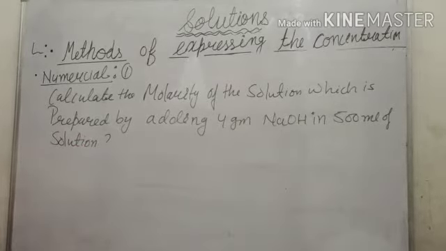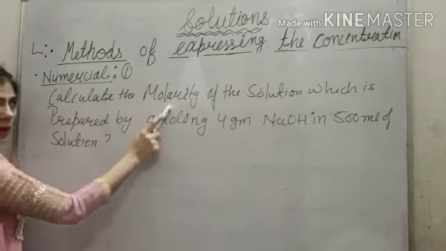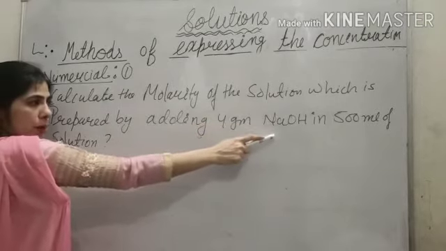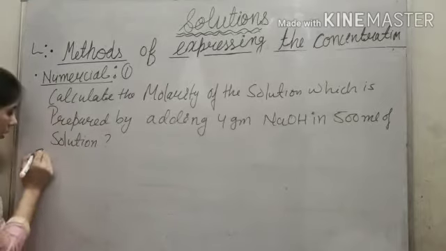Okay, what we have to find out? Molarity. Calculate the molarity of the solution which is prepared by adding 4 gram of NaOH in 500 ml of the solution.